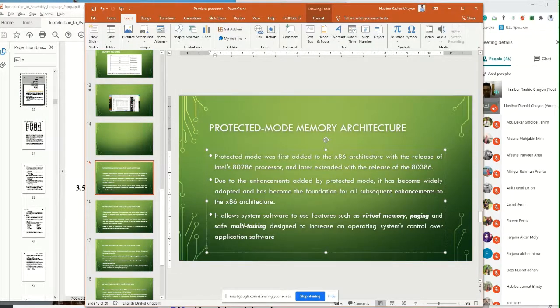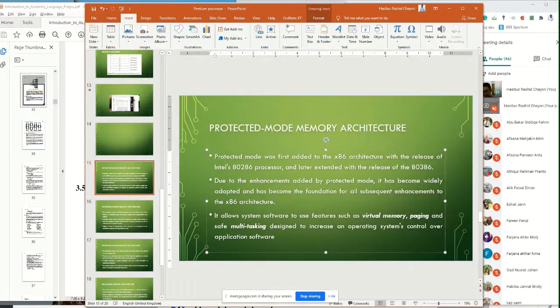By the way, they call it safe multitasking, because some multitasking is really not good for performance. That's why some processors don't implement these multitasking tools, because whenever they do multitasking, going back and forth like this hampers or reduces the performance. But they say that this is safe multitasking.